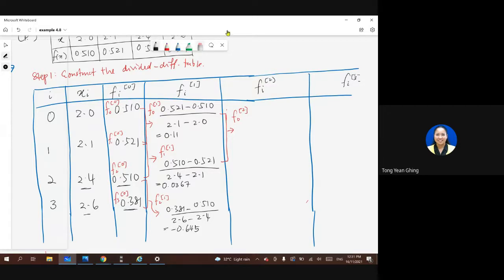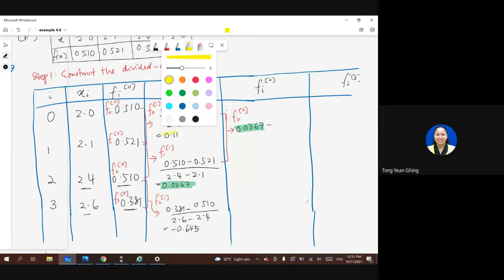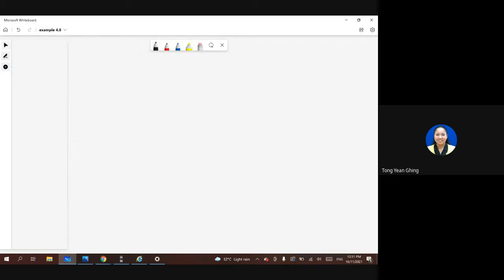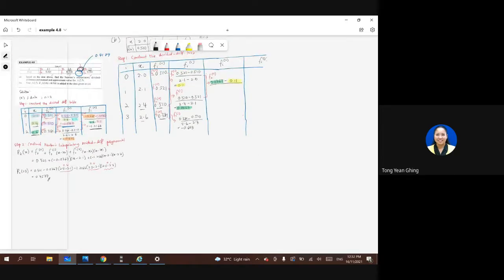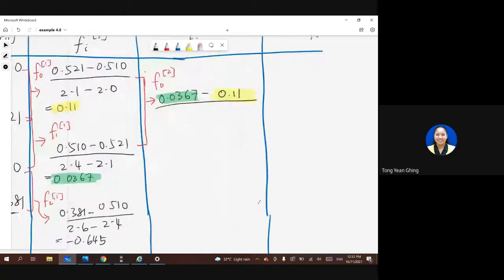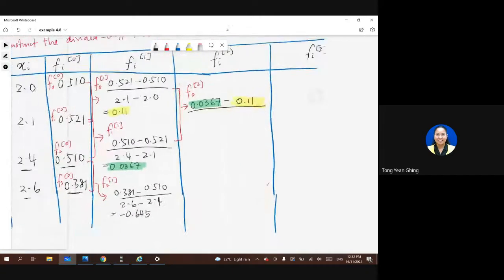So we will take this value, 0.0367 minus this value, and we take this value and put in here, 0.11 divided by, oh, wait. So divided by what?